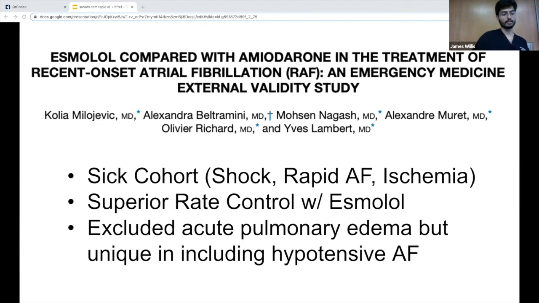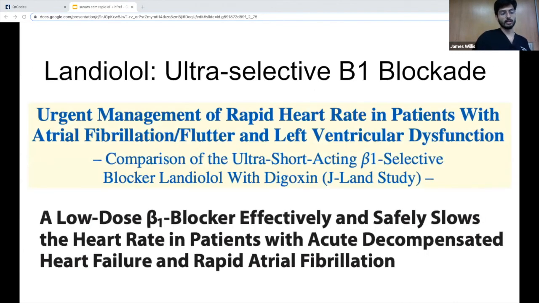they've actually done these studies where they found that it's a fairly good agent in addressing this patient population who have heart failure exacerbation and rapid AFib at the same time.